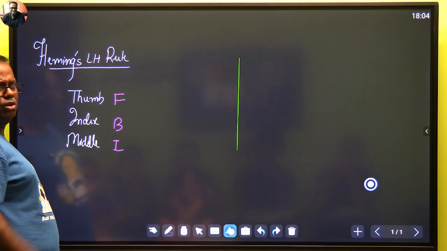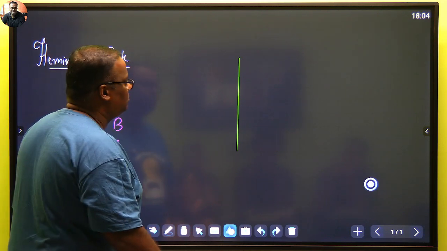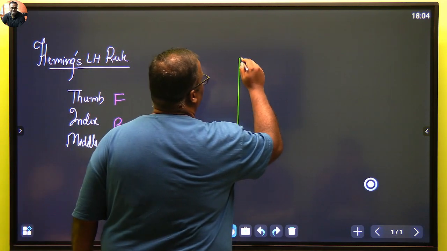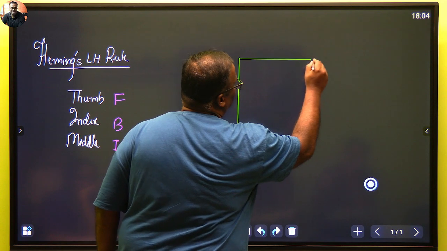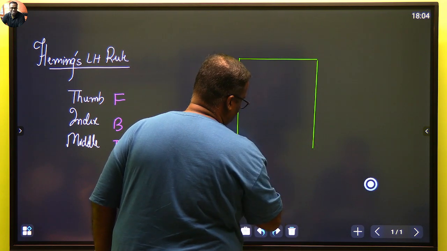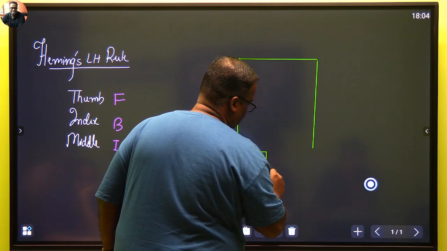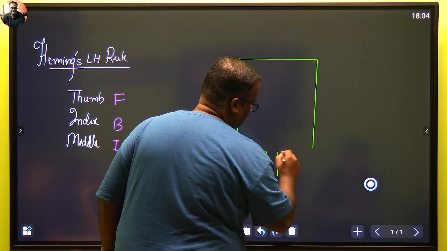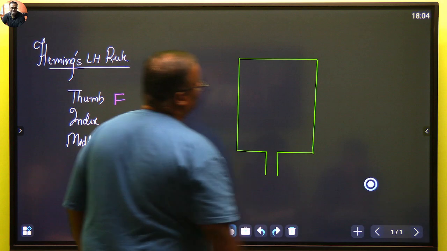This is a piece of a conductor, right? And let me say this is a piece of conductor.